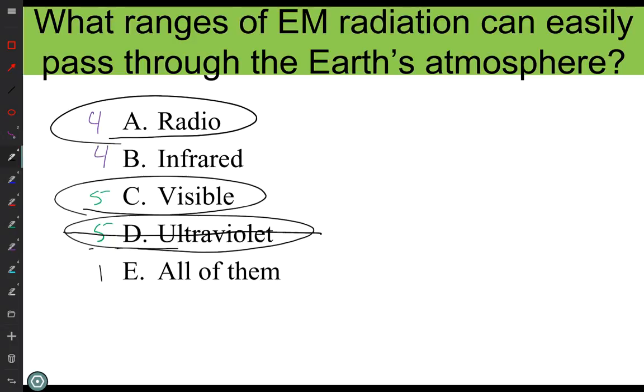But the ozone itself is what I want to talk about. Ozone is a molecule that is made of 3 oxygen atoms in a ring. Ozone occurs naturally in our atmosphere.